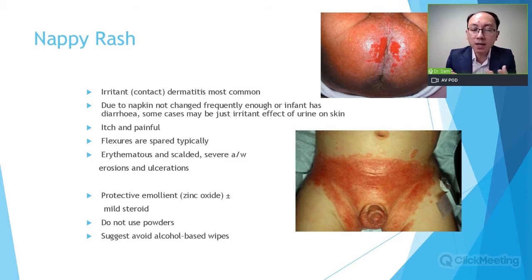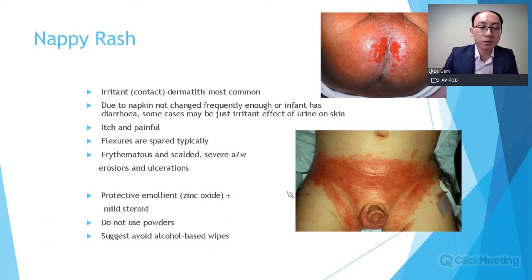In some cases, even though they change the napkin regularly, they still get it, because some babies' skin is just sensitive to urine or stool. So sometimes this is just an irritant effect of the urine on the skin, not necessarily because they don't change frequently, but because the baby's skin is a little bit allergic to this type of irritant, especially the urine. It can be quite painful and itchy.